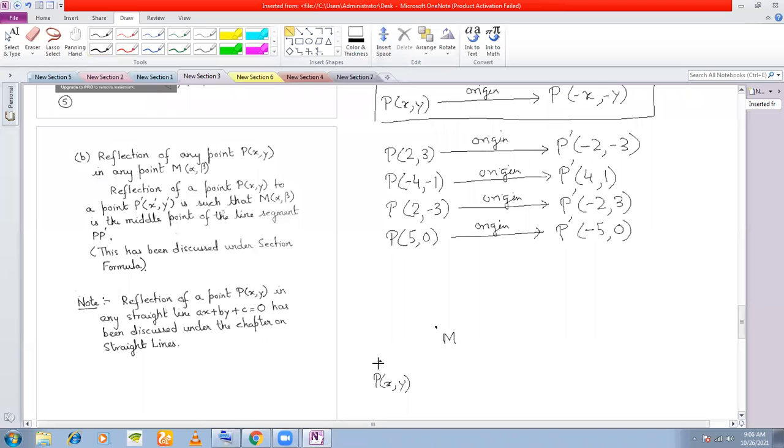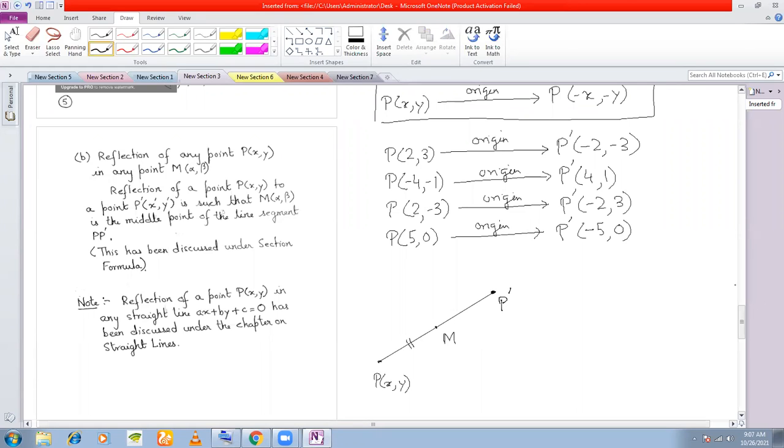First of all, I'm going to join these two points with a straight line, and then measure this distance PM. And then I'm going to produce this line up to the same distance as PM, to get my image here, P dashed.